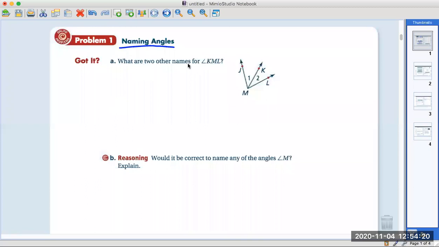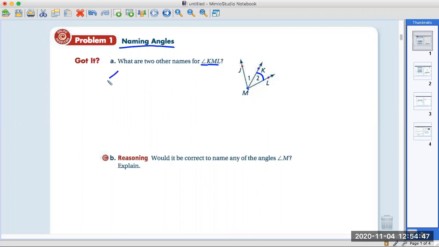When I read a question, I need to make sense of it. So I'm looking at what this means. This means angle KML, so he's using three letters. Now I go to the picture and identify what angle they are talking about. KML. It's this angle right here. What are two other names?